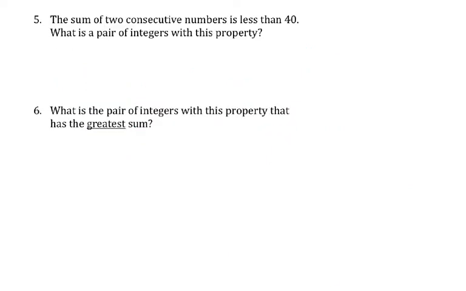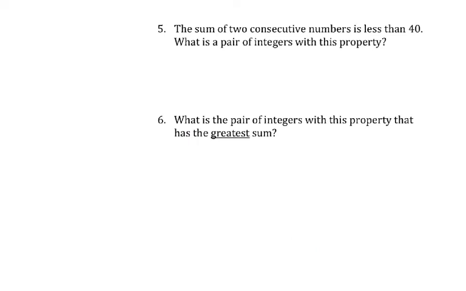We also might have word problems. So we see some like this. The sum of two consecutive numbers is less than 40. What is a pair of integers with this property? So as a reminder, consecutive means one after the other.